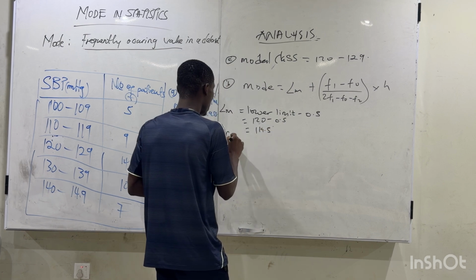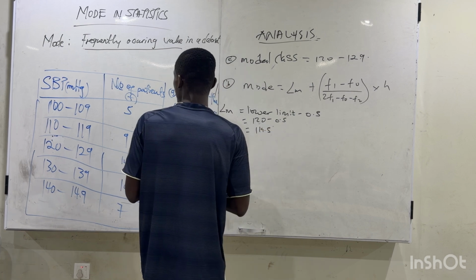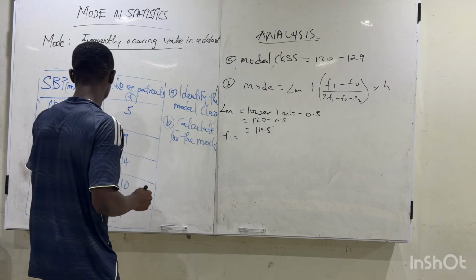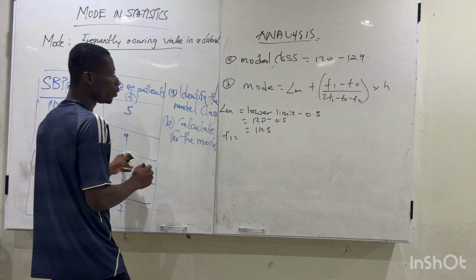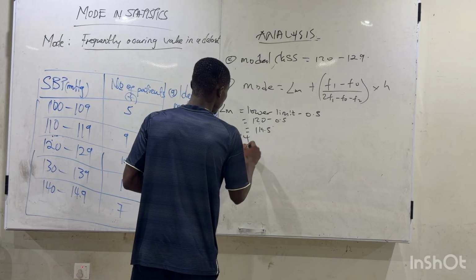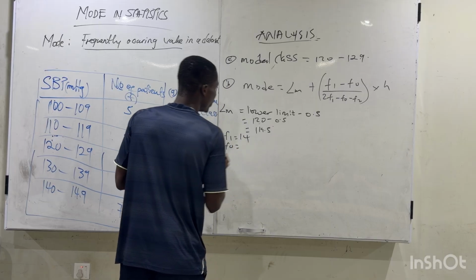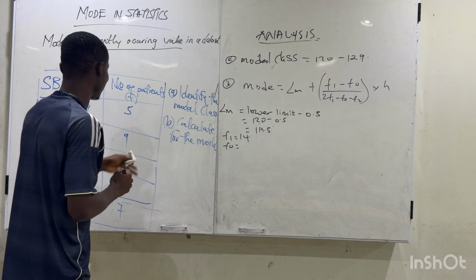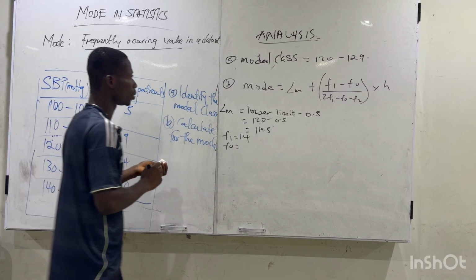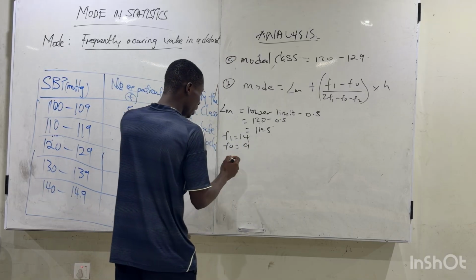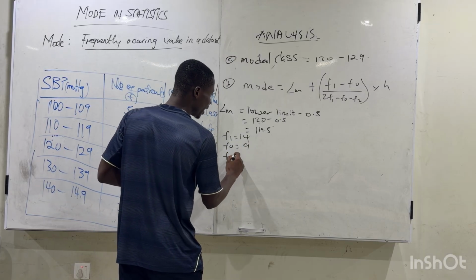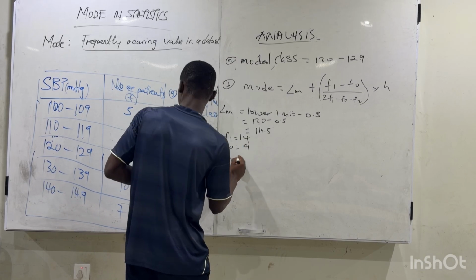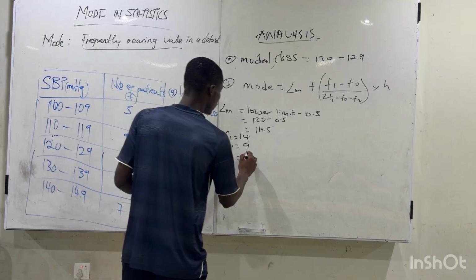Then our F1 is the frequency of the modal class, which is 14. And the frequency of the class before the modal class is 9 from the table. Then the frequency of the class after the modal class is 10.